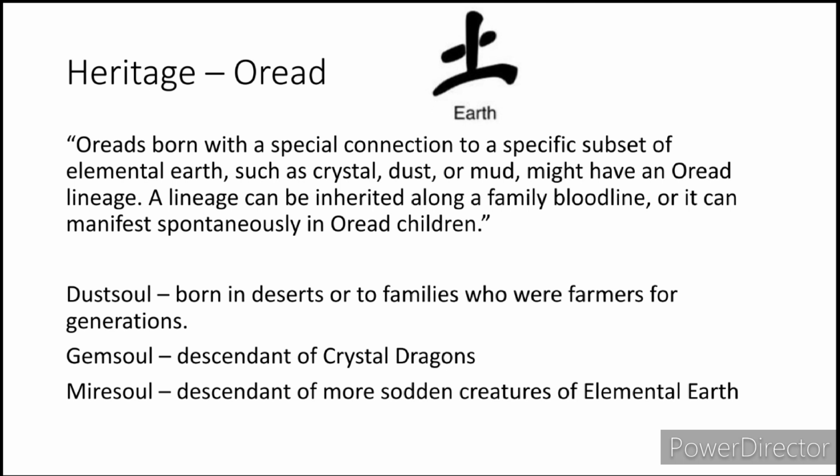But to start things off, we do have some subcategories of Oreads, such as the Dust Soul, which are born in deserts or to families who were farmers for generations. So that could have something to do with the might, since you're born to farmers instead of being tied to the elemental earth.